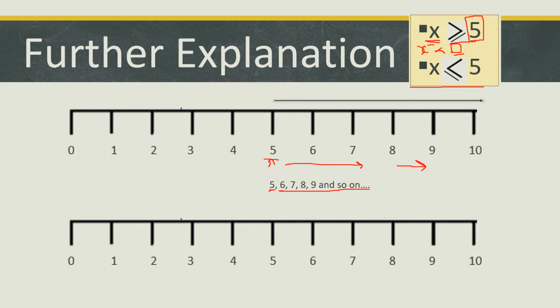For the second one, it's the opposite because it's less than 5. X is less than 5, but it also could be equal to 5.